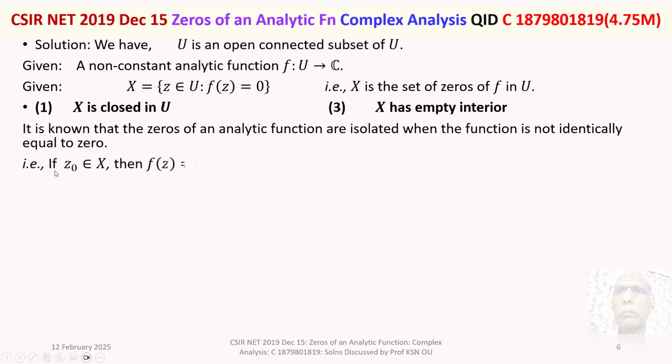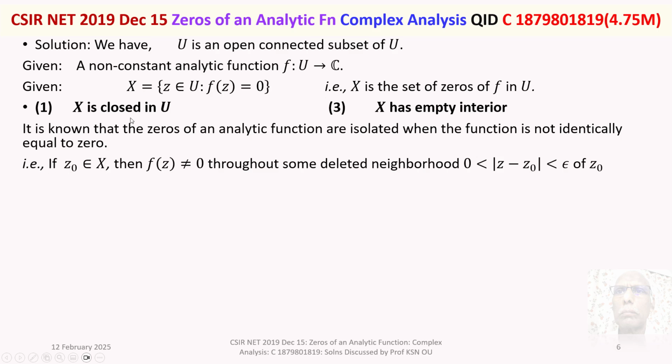So, if Z0 belongs to X, that means F of Z0 is 0. Then F of Z is not equal to 0 throughout some deleted neighborhood, 0 less than modulus of Z minus Z0 less than epsilon of Z0, since the elements of X are isolated.